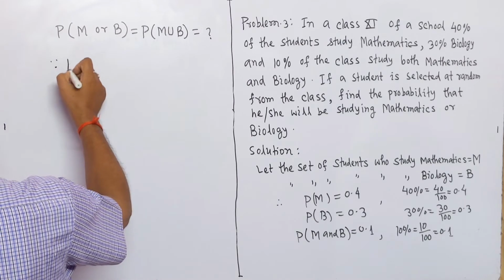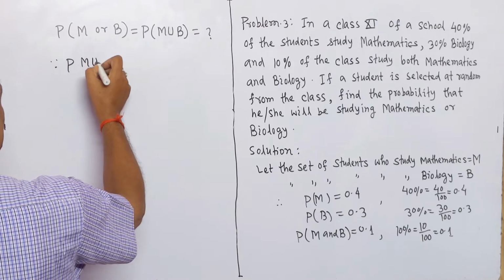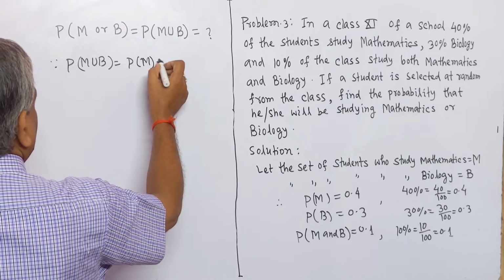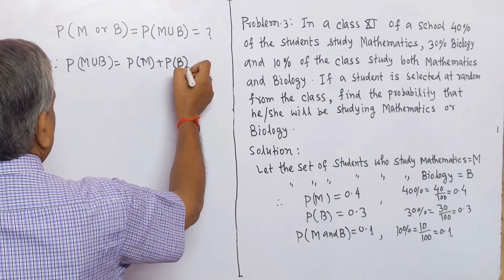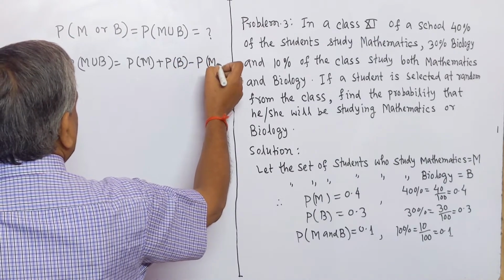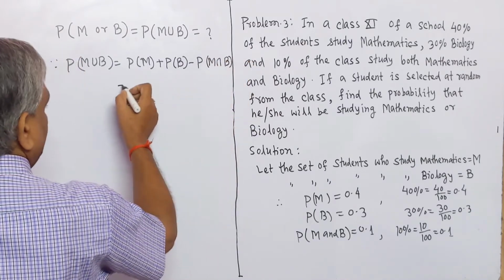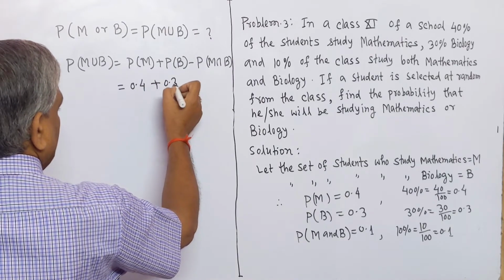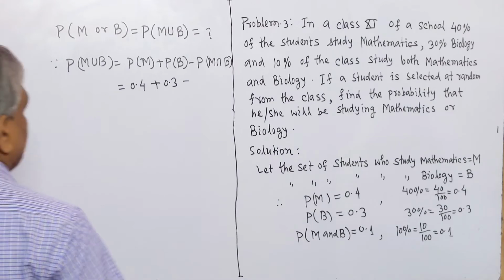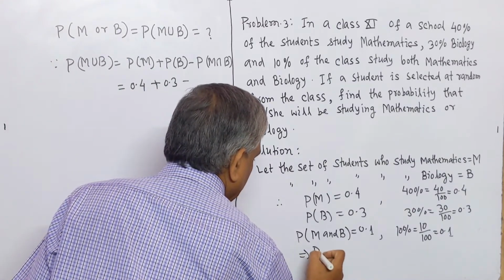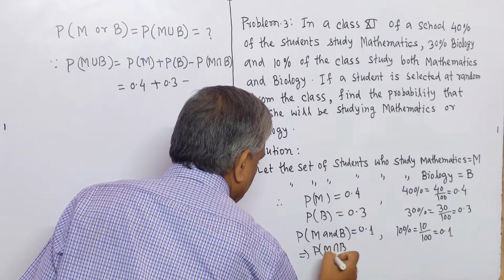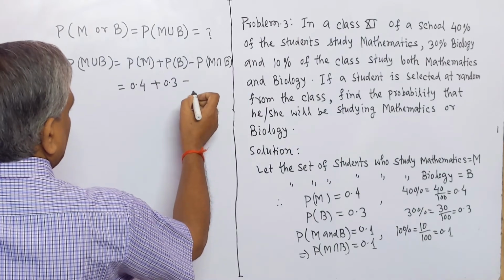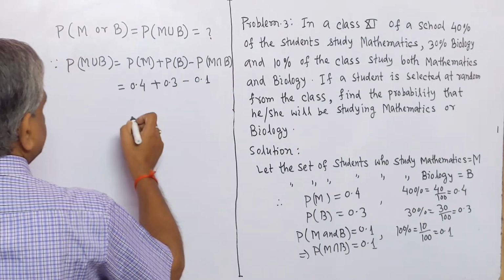Since from total probability, PM union B equal to PM plus PB minus PM intersect B. PM is 0.4, PB is 0.3, and PM intersect B, and means intersect, 0.1.